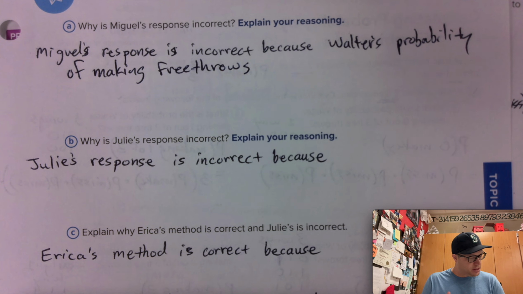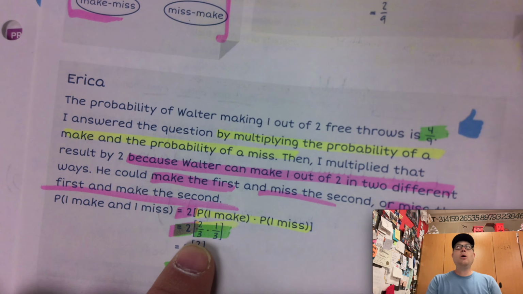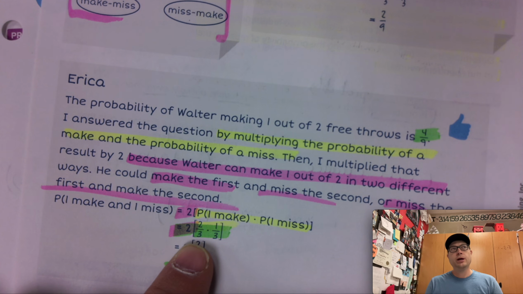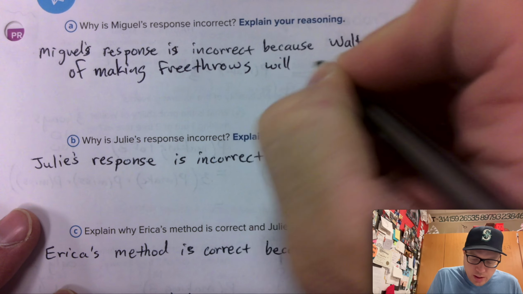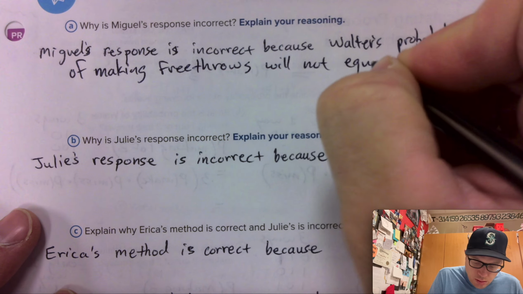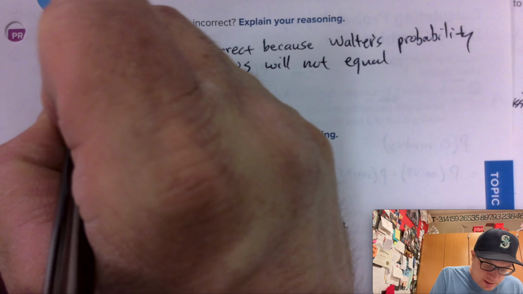He's working his way up to consistently making. Walter is shooting 2 free throws. Actually, where is the notes about the 1/3? Because that shows up here. Oh, he wants to make 2 out of 3, so which means he's going to miss 1 out of 3 times. So Walter's probability of making free throws will not equal probability of missing.